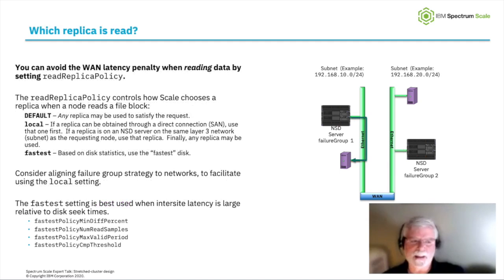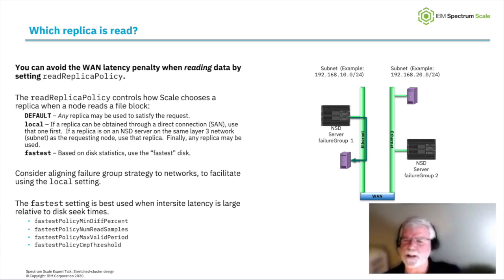All right, so while we can't completely avoid the WAN latency penalty when writing data, we can avoid it while reading. But attention to network design is important. The critical setting here is what we call read replica policy. The optimal setting, if you can possibly make this work, and there are some architectural issues here, is to make it be local.